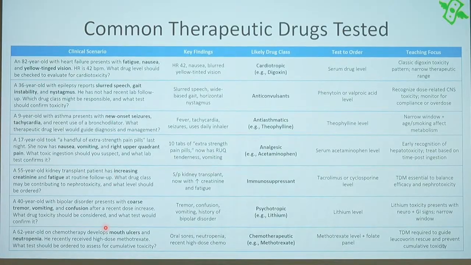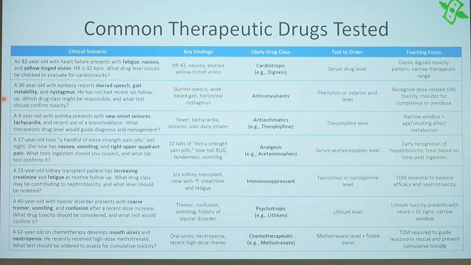Here are some more clinical case studies of different drugs that are monitored. Let's take the second example. A 36-year-old with epilepsy reports slurred speech, gait instability, and nystagmus. He has not had recent lab follow-up.